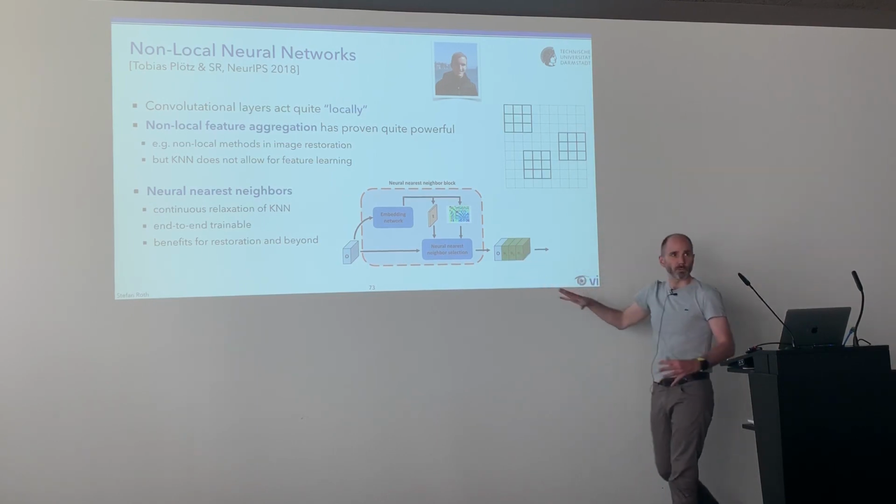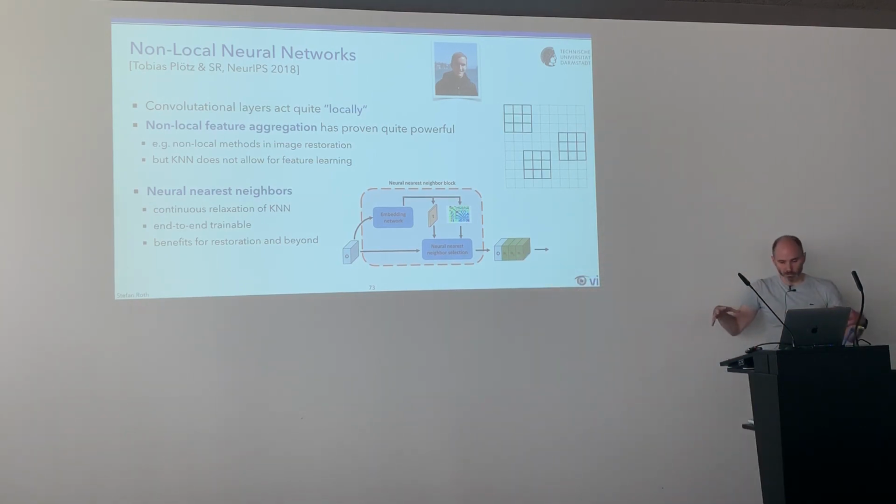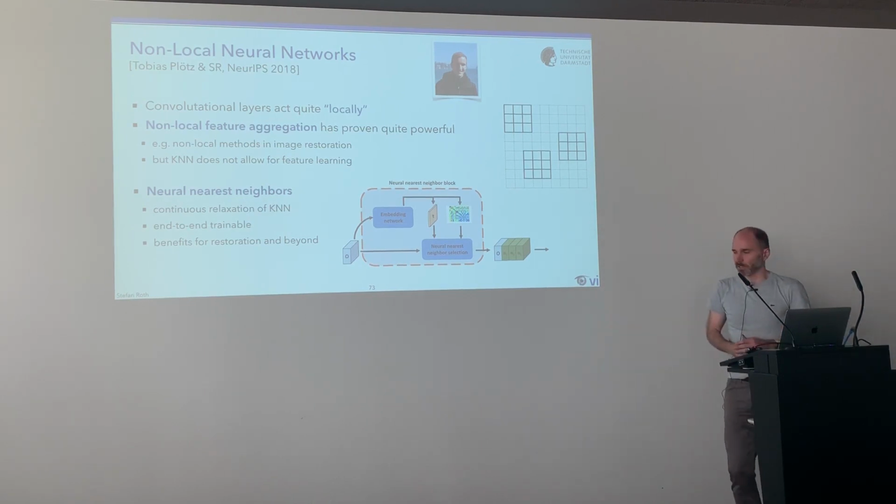And that means you can basically non-locally combine information, get a really big receptive field without having many convolutional layers. Okay? And that has applications, for example, in restoration, but not only, beyond that as well. So that was my advertisement block.